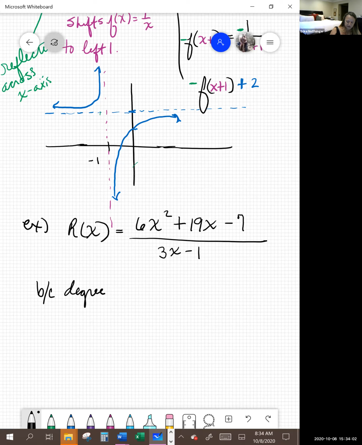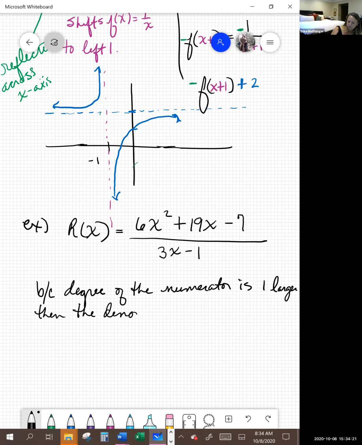Okay, so because the degree of the numerator is 1 larger than the denominator, we have an oblique asymptote.